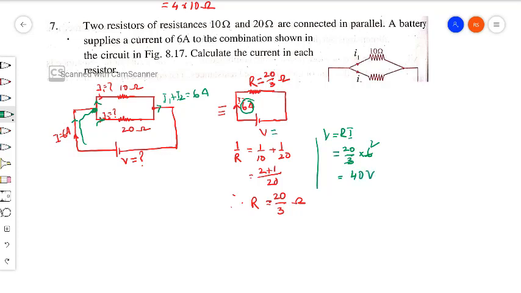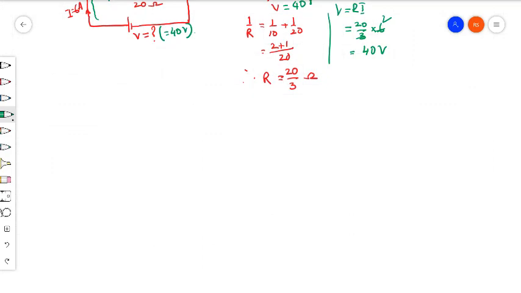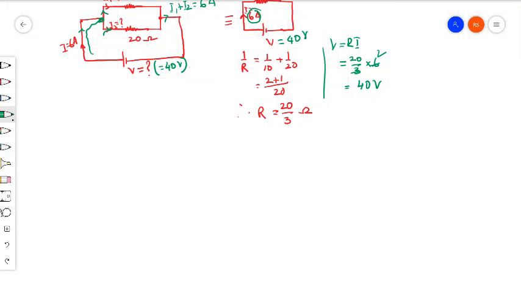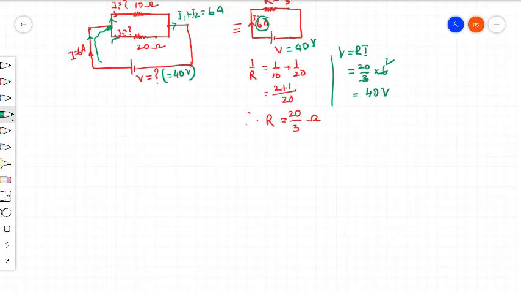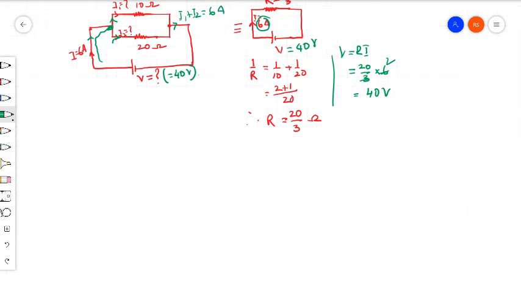So here the potential difference is 40 volt. So this is 40 volt. Then this is the equivalent circuit.